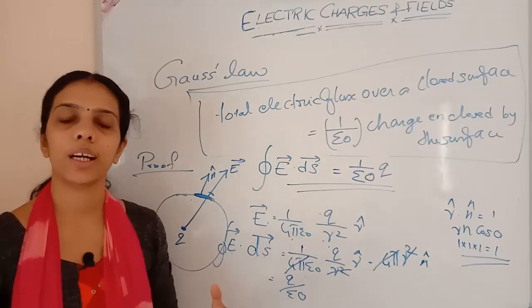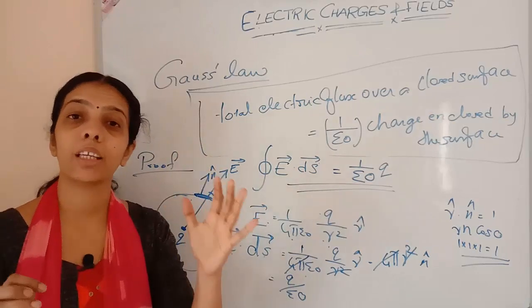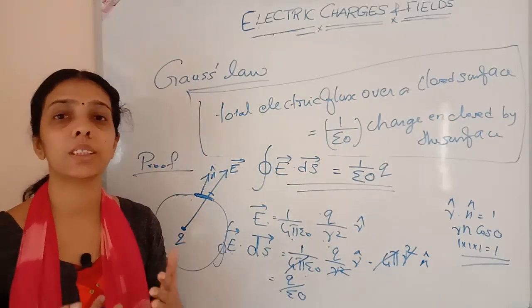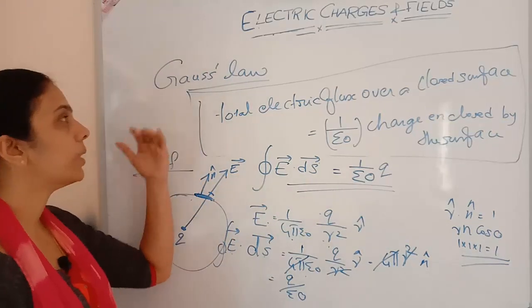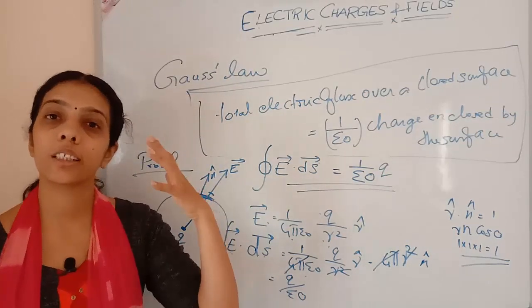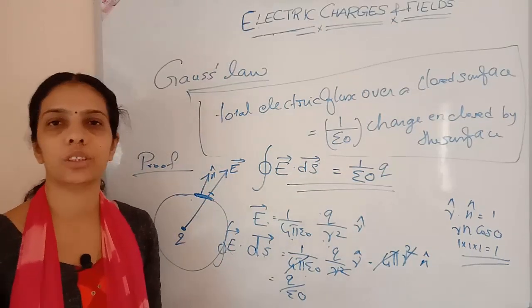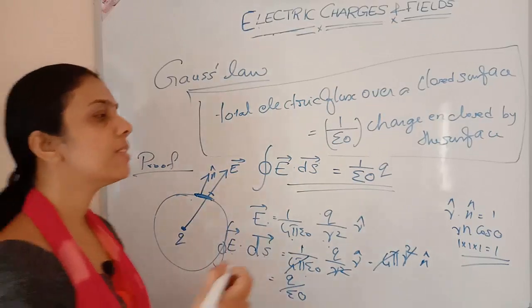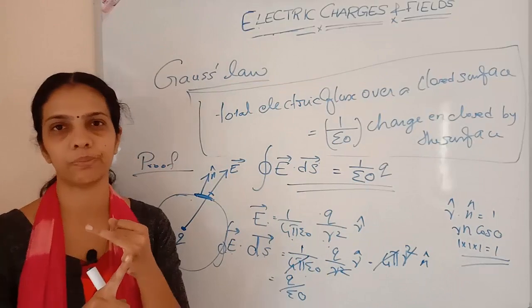So here we should understand that in Gauss law we will be applying it for a closed surface. Suppose we are considering a surface which is not closed, then how can we find the flux and how can we apply Gauss law over there? We should consider a closed Gaussian surface. So the first step is we should imagine a Gaussian surface.